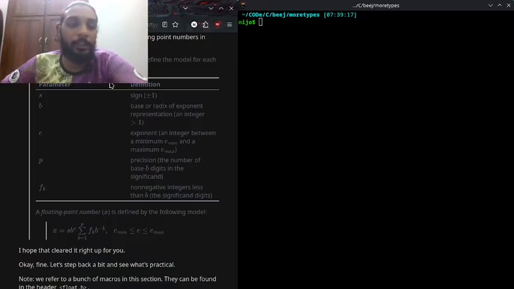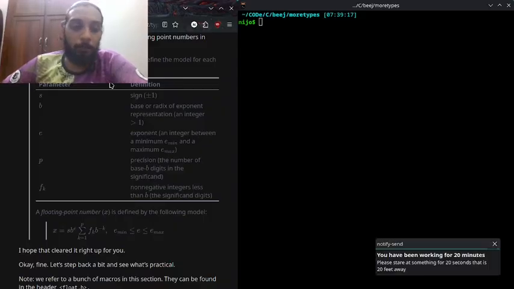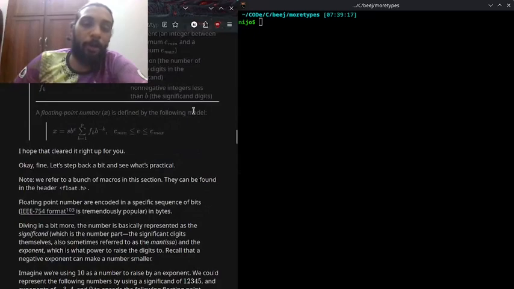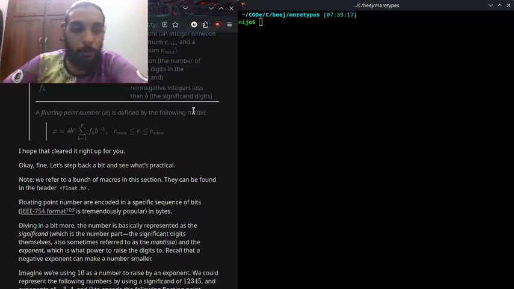S is the sign, plus or minus 1. B is the base or radix of the exponent representation, an integer greater than 1. E is the exponent, an integer between a minimum E min and a maximum E max. P is the precision, the number of base B digits in the significand. Fk are non-negative integers less than B, the significand digits. A floating point number x is defined by the following model.